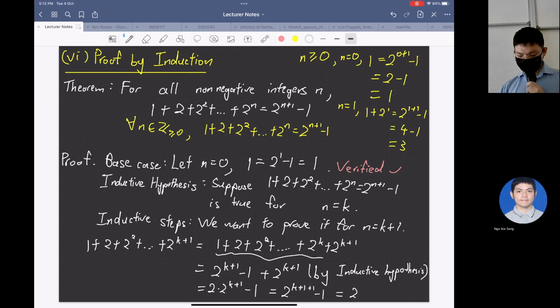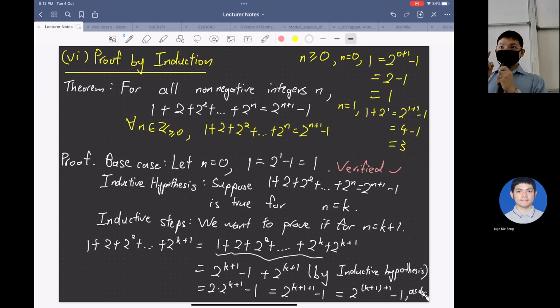So let's see what this is. If you put k plus 1 here, the form here should be k plus 1 plus 1. So this is the correct formula. So this is done. This is it.